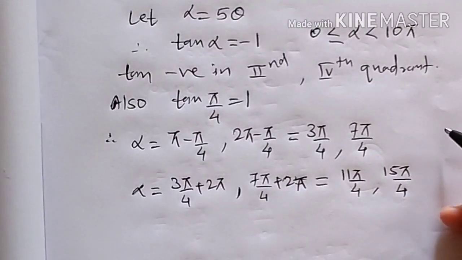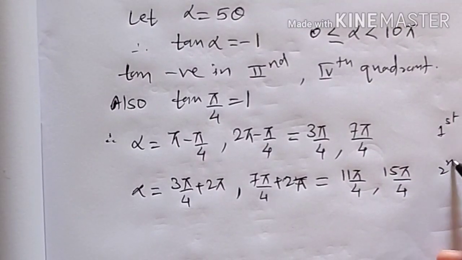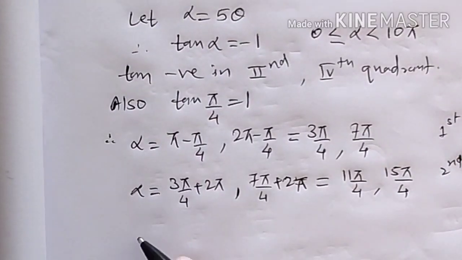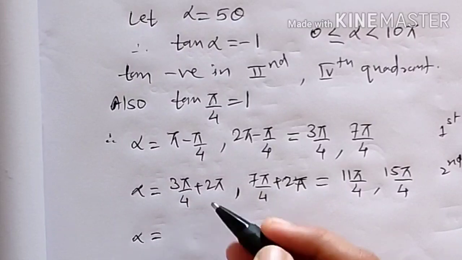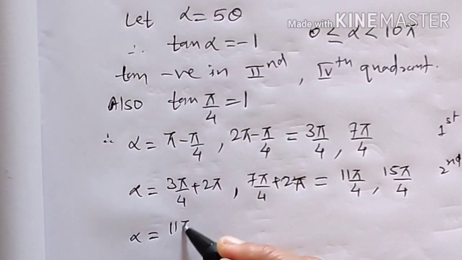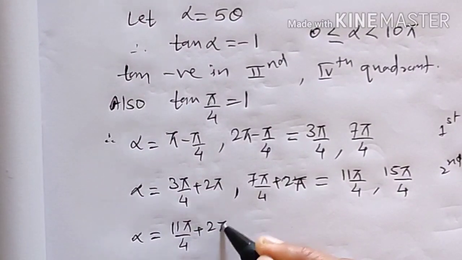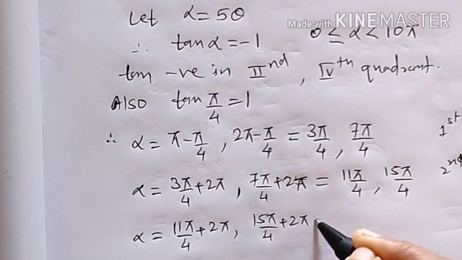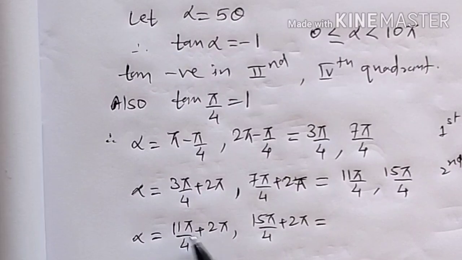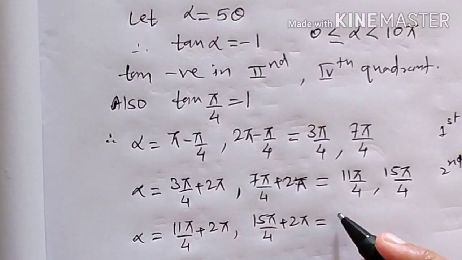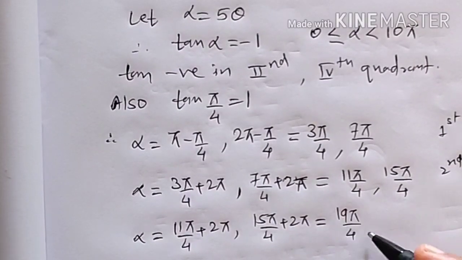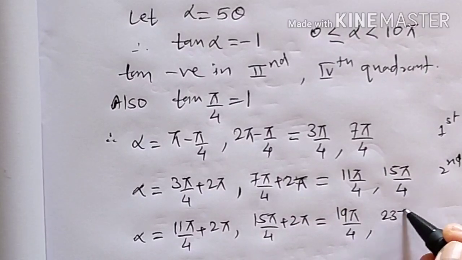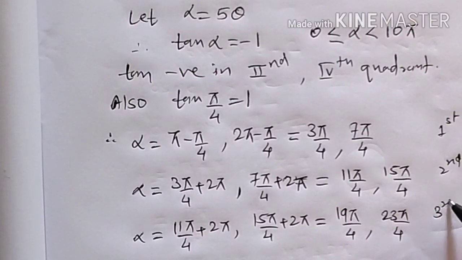First rotation, this is second. Next, alpha in the third rotation will be 11 pi by 4 plus 2 pi and 15 pi by 4 plus 2 pi. So other values possible, 11 plus 8, so 19 pi by 4 and 15 plus 8, that is 23 pi by 4, third rotation.